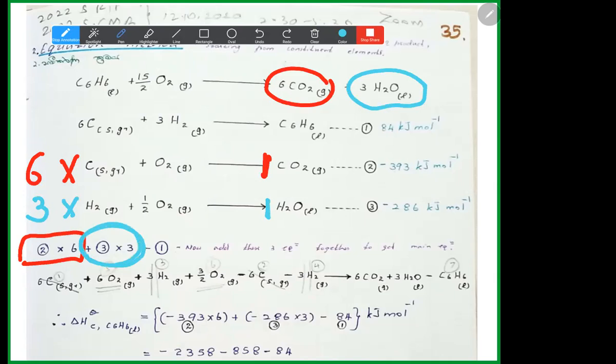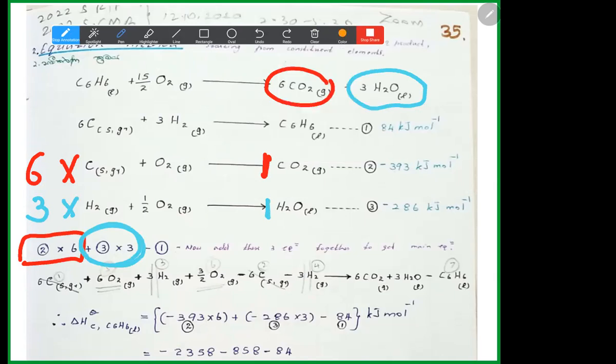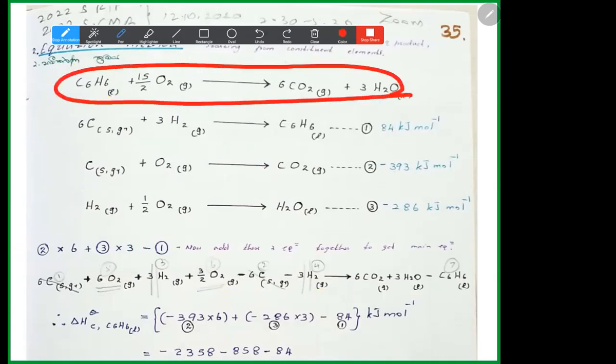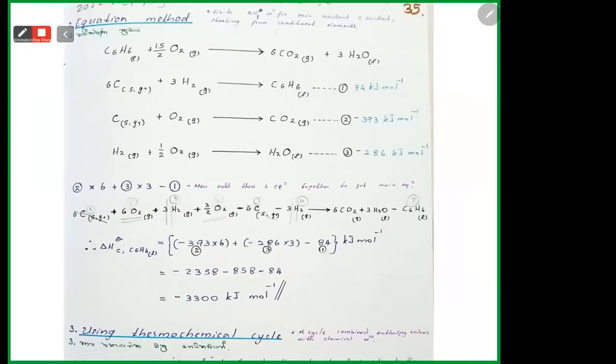And then benzene is the reactant, not the product, so I have to write it the opposite way. If you go through that, you can end up with this equation. I'm doing the same to these values.